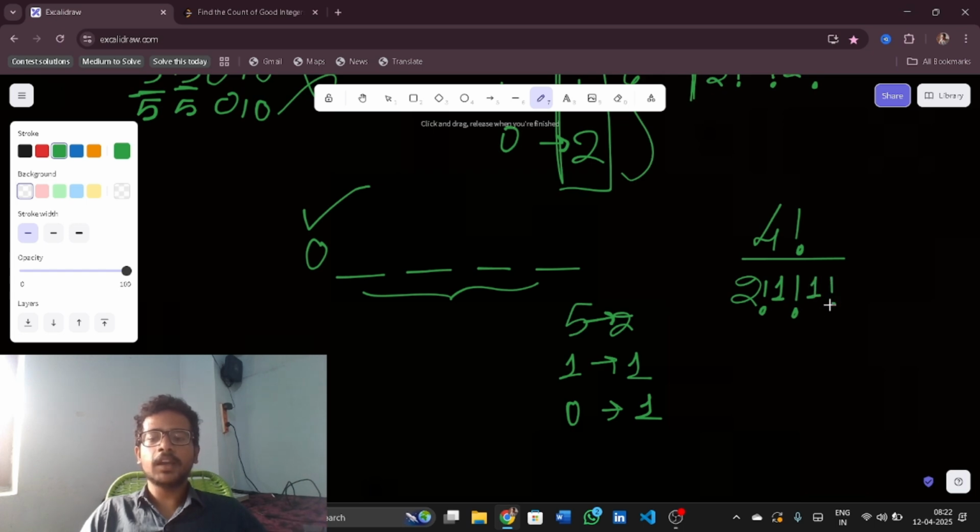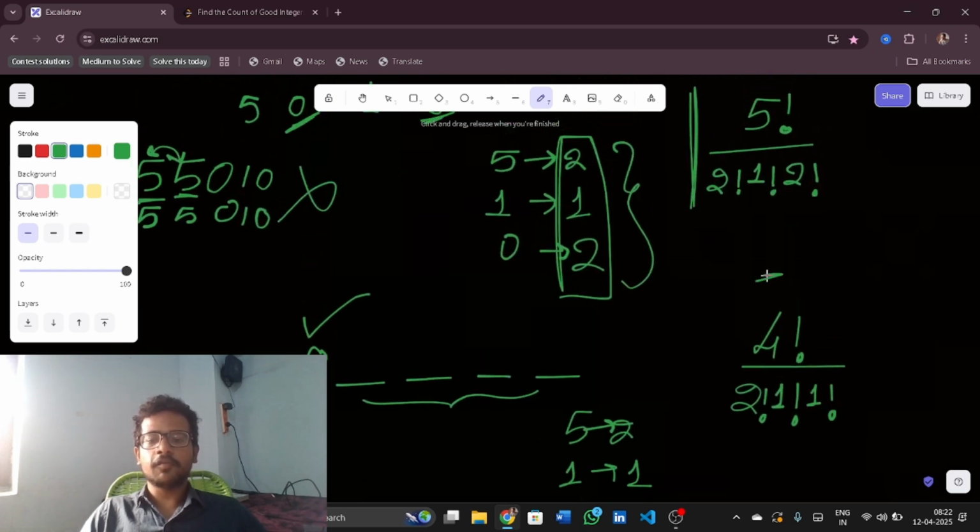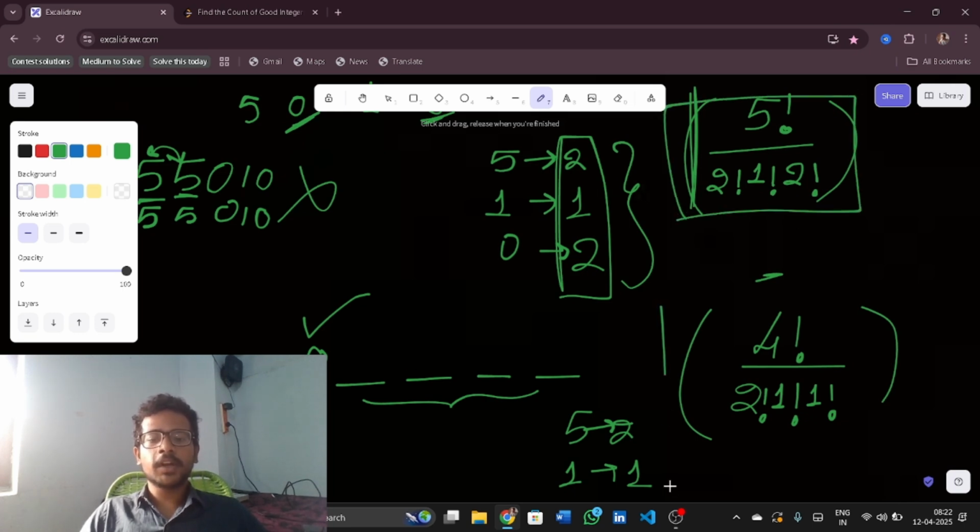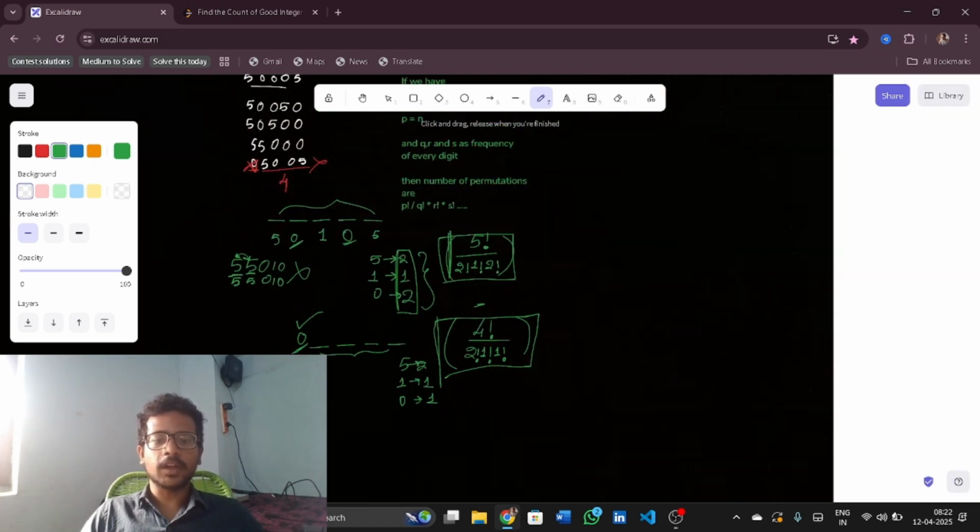So I remove 4 factorial by 2 factorial into 1 factorial into 1 factorial from 5 factorial by 2 factorial into 1 factorial into 2 factorial. This means total permutations minus the permutations with leading 0. That's it. So this is how we solve this problem. This is the core intuition.